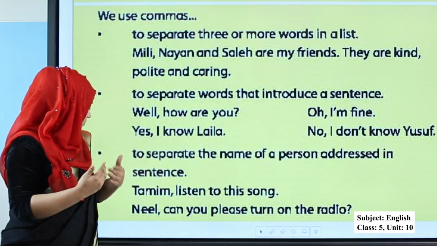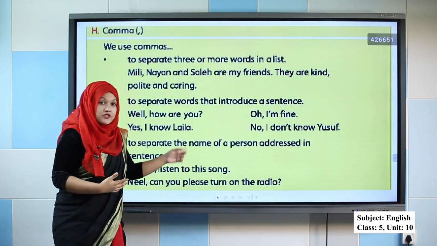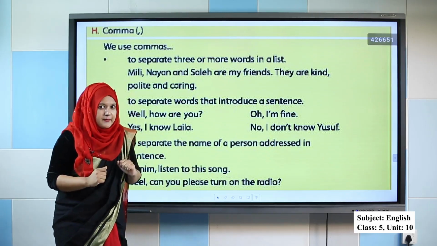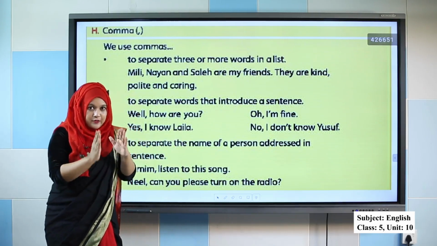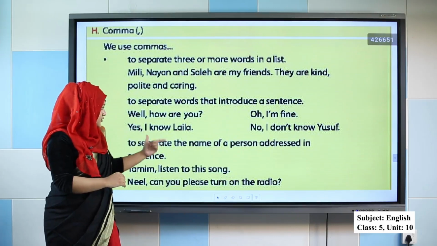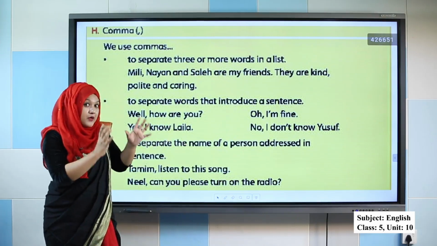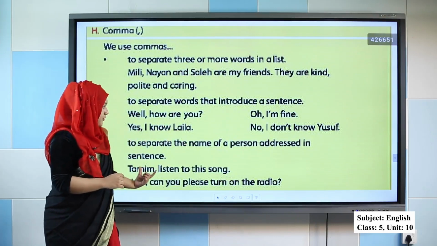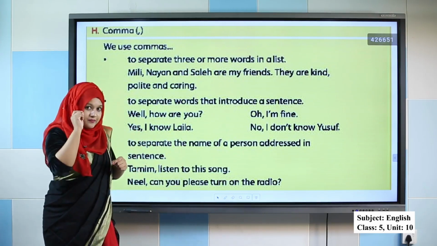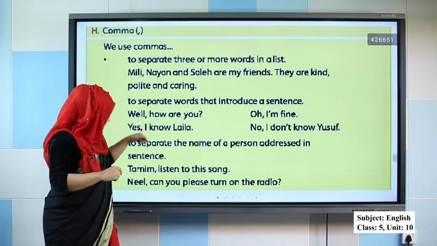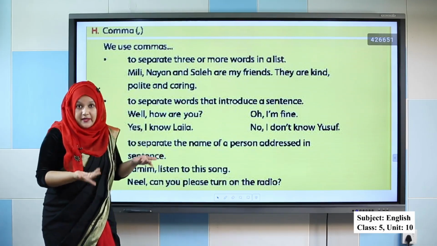Okay, then how? Tamim, listen to this song. Then we need to separate the name of a person, Tamim, addressed in a sentence. So we need to use comma after the name of the person, Tamim.